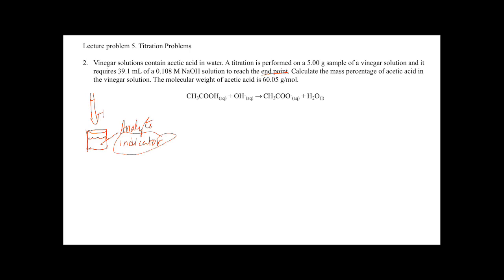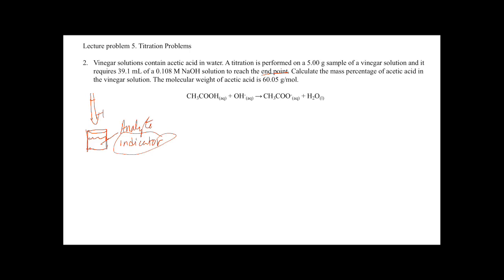Just like we did on the last problem, this is just like the volumetric analysis problem. Basically, they give us the volume of the NaOH and the concentration of NaOH, and they want us to calculate the mass percentage of acetic acid. So on the other side of this problem, we're going to have the molecular weight.